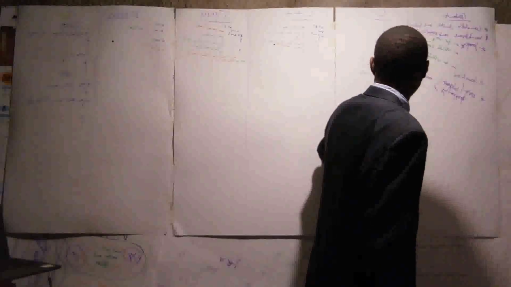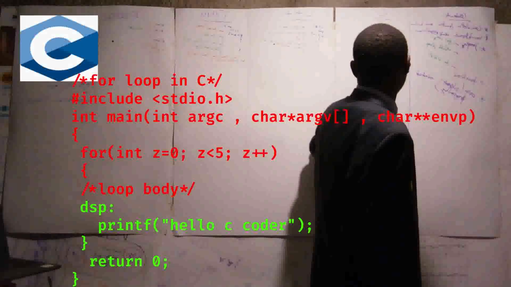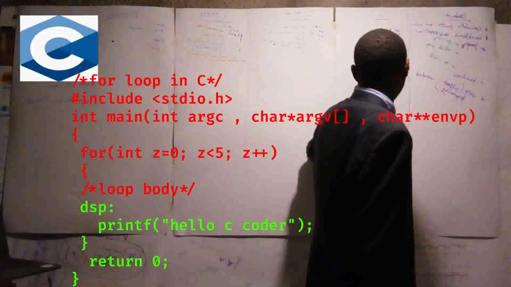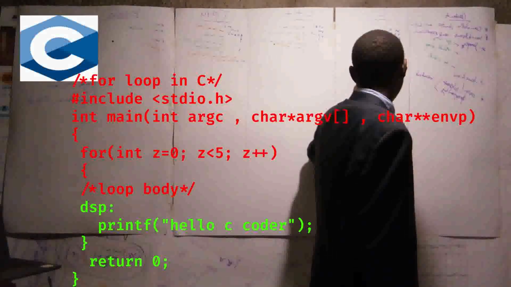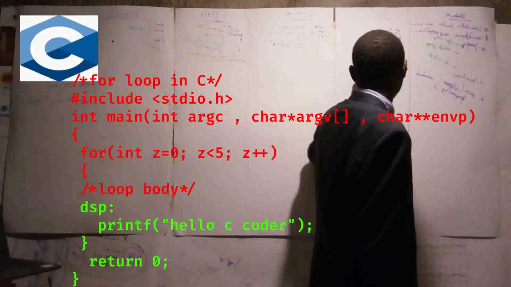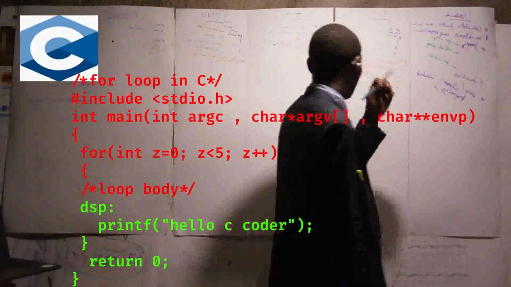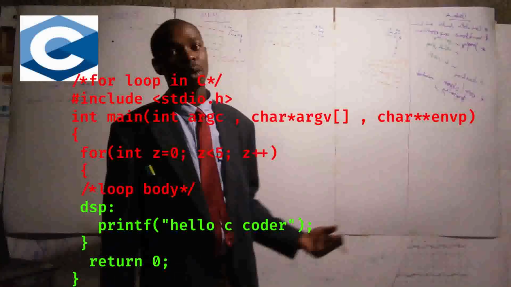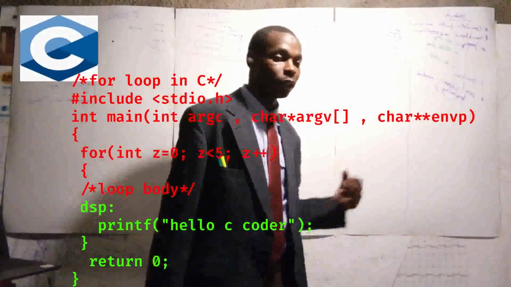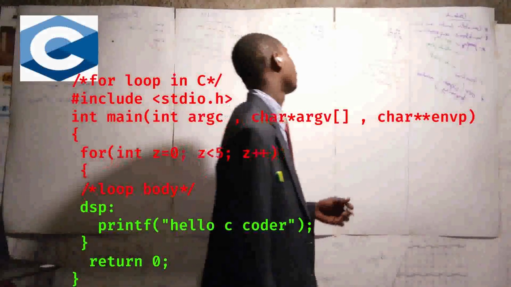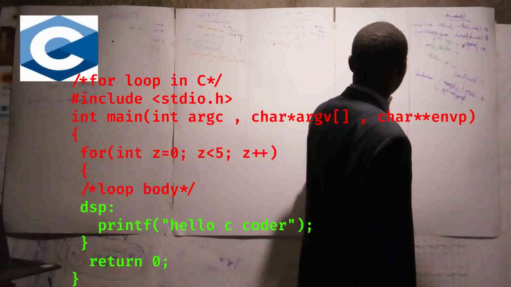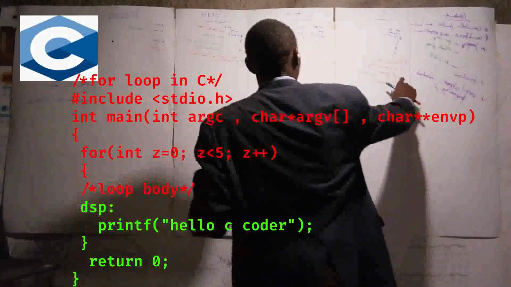In the for statement, the initialization is int z equals 0, semicolon, then the condition z less than 5, semicolon, then z++, which means adding 1 to the value of z each time. Then open the loop body and put the code in it.